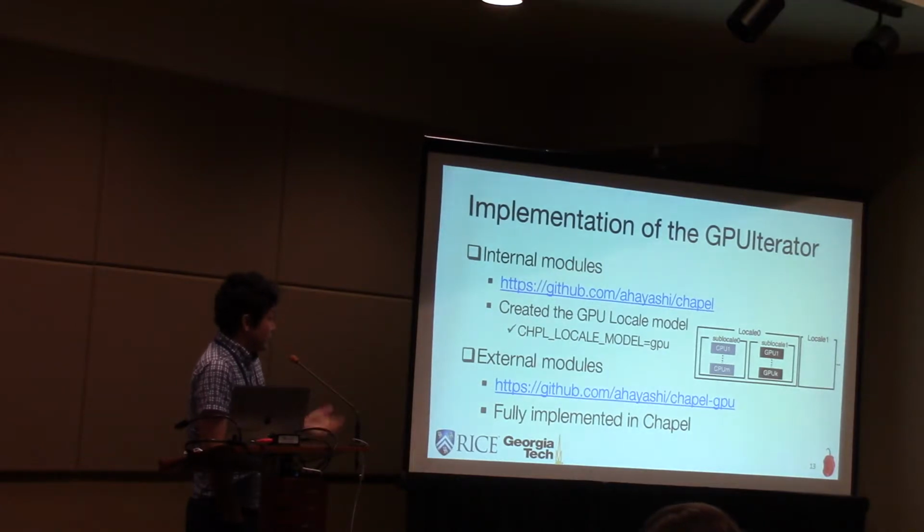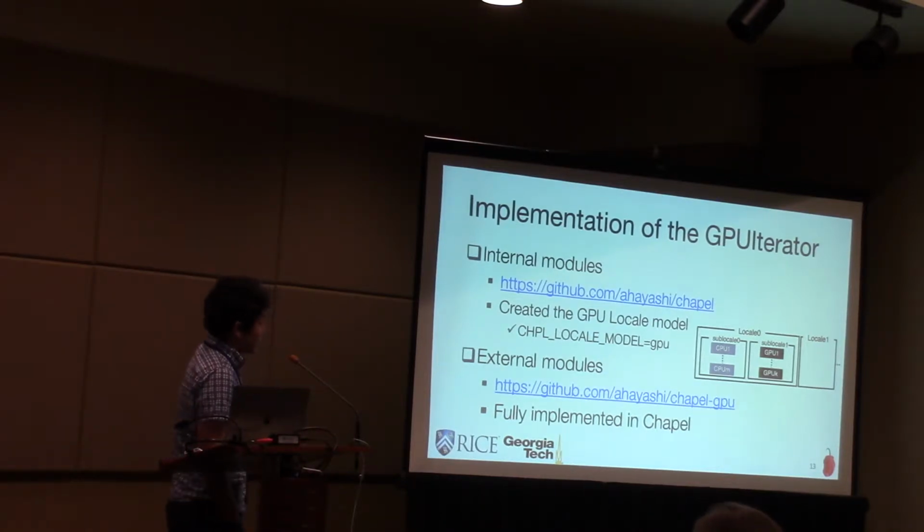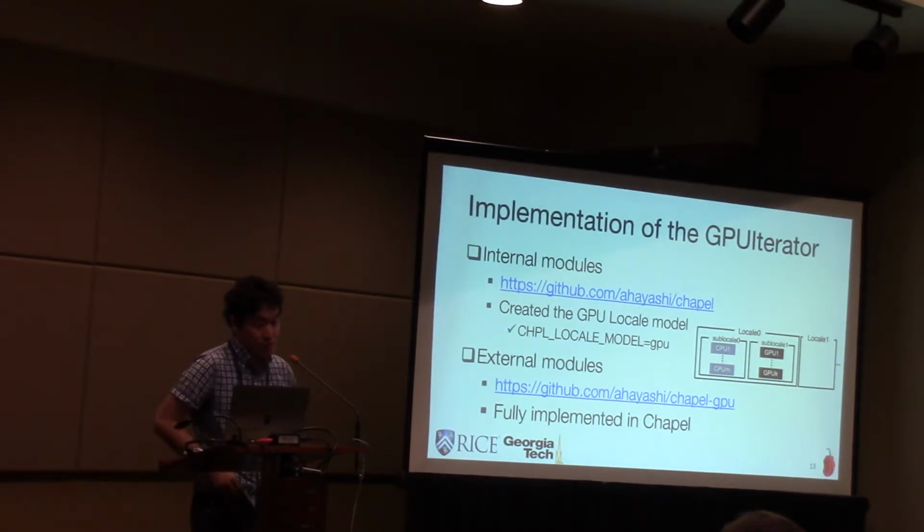From the user's point of view, you can just specify an environment variable, CHPL_LOCALE_MODEL=gpu, and that's it. You don't need to do anything else. The actual module of the GPUIterator is available on my GitHub. If I have time, I'll give you a little more, but for now I'll just say that our module is open source and you can easily use it.